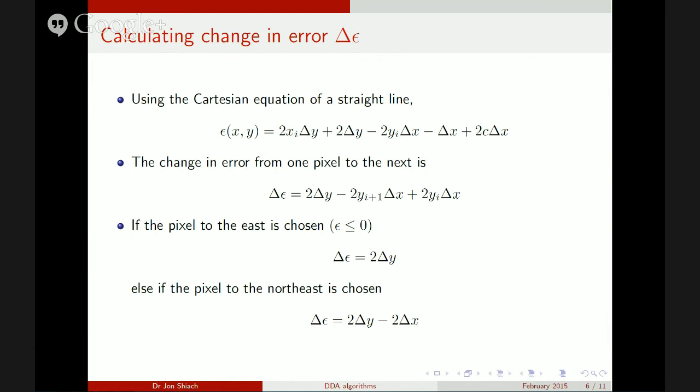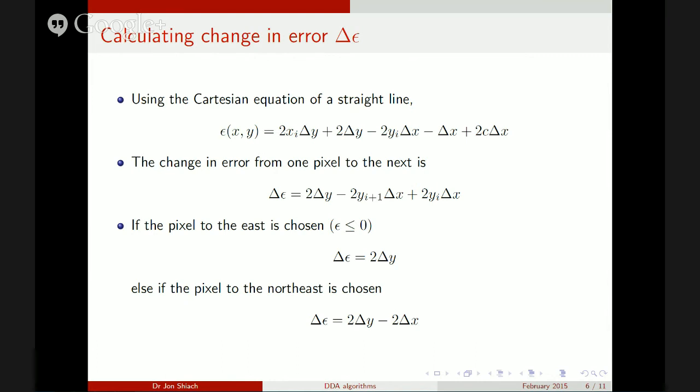So all I've done there is multiply throughout by delta x and expand the brackets. Now my error has been multiplied by delta x.